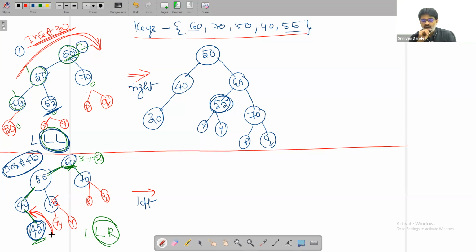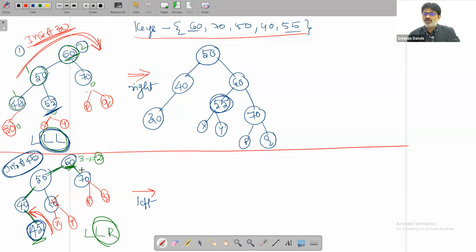Okay. Now, in this case, because my previous answer is different, this time is different. This time, which three nodes do I have to consider? You consider 50, 40, and 45. Like you did previously with 10, 20, 30, how you did LR.